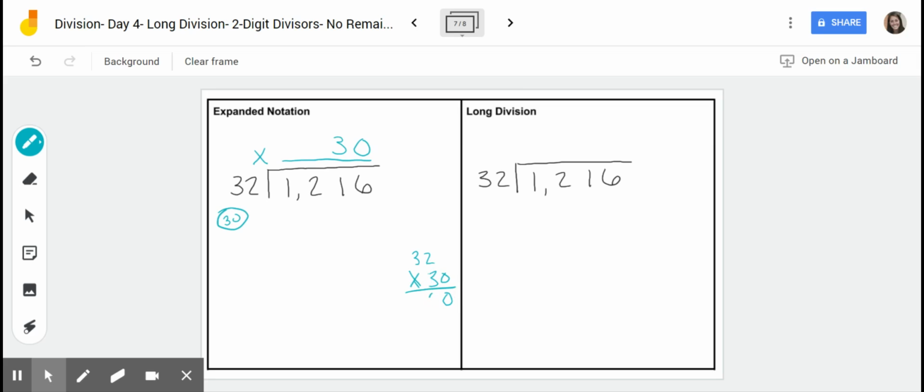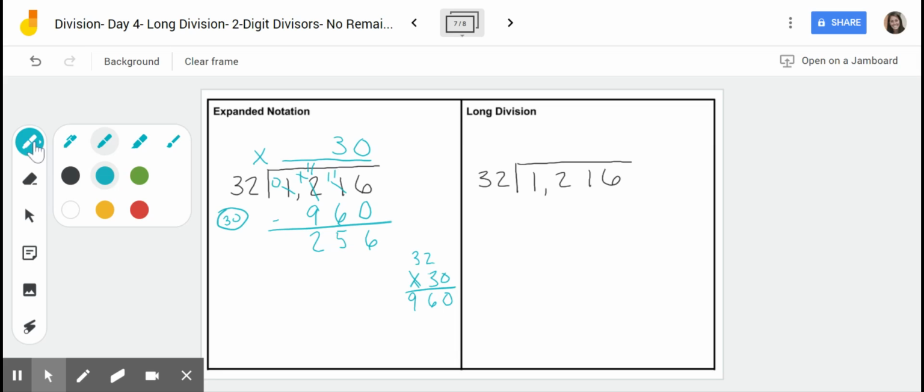I know that 2 times 3 is 6 and 3 times 3 is 9, so that's 960. So I'm going to subtract 960. And I'm left with 256.